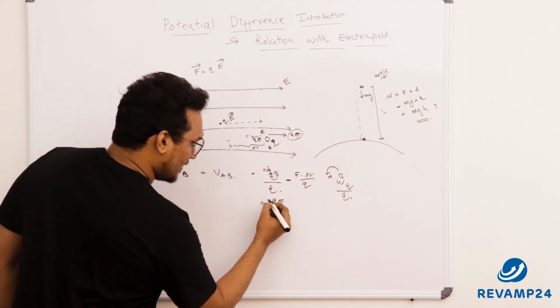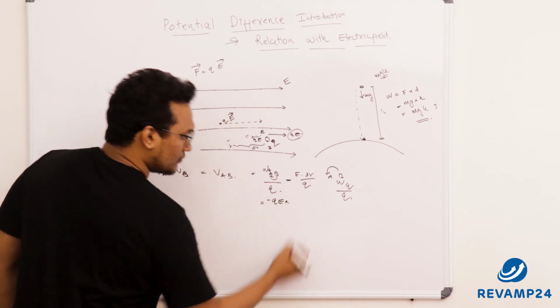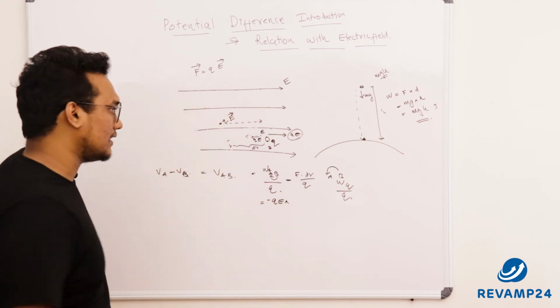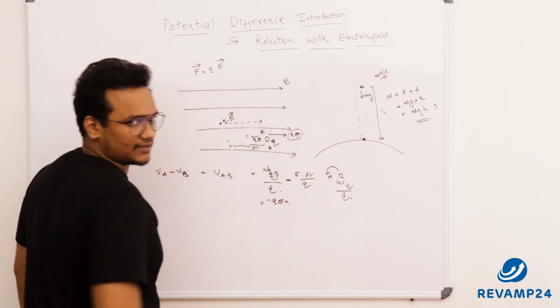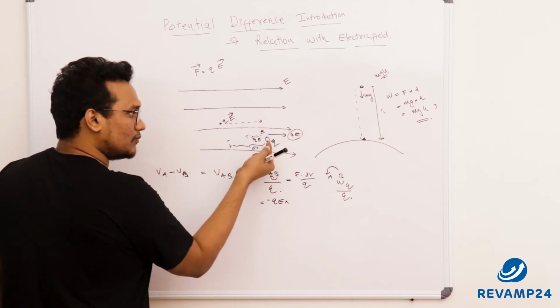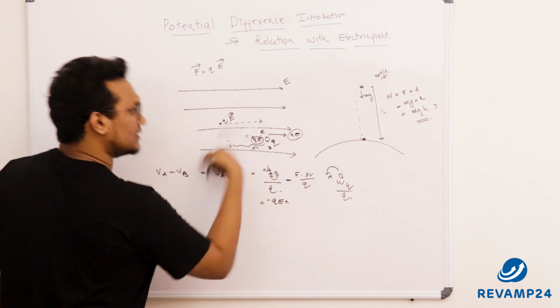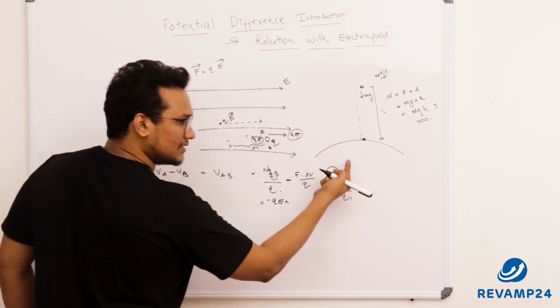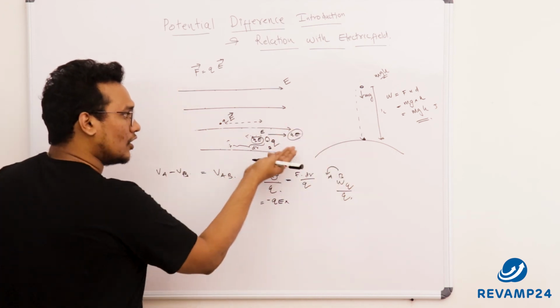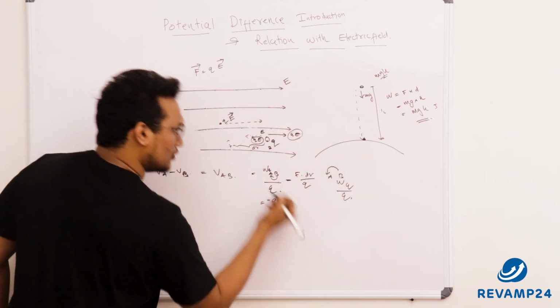Okay, so minus QE into, I hope that concept is clear with you. QE is in this direction, but for us to move the object from B to A, we have to apply the force in this direction. And as QE is in this direction, the force which we are applying is opposite to QE, that is minus QE in this way.